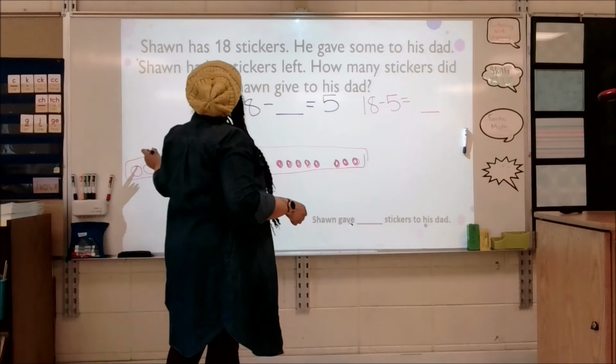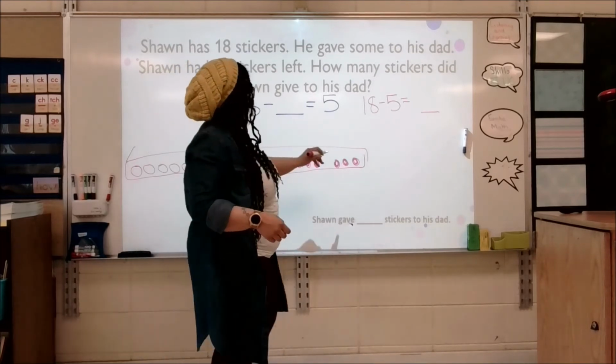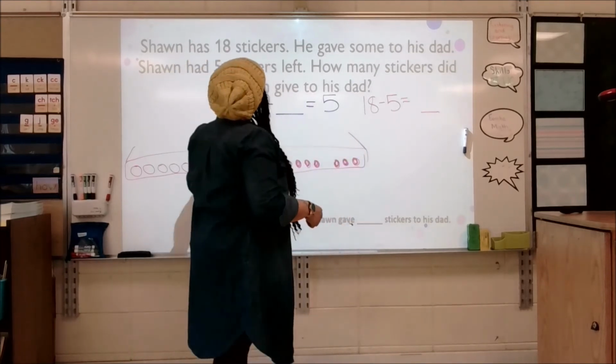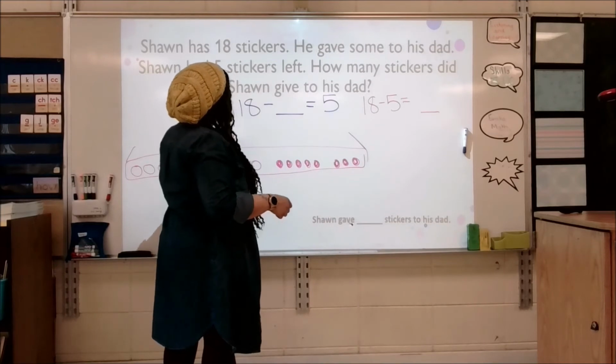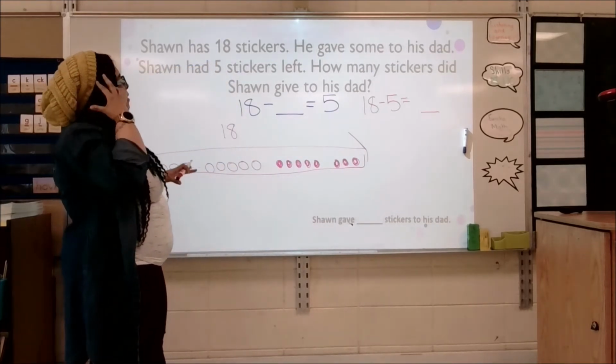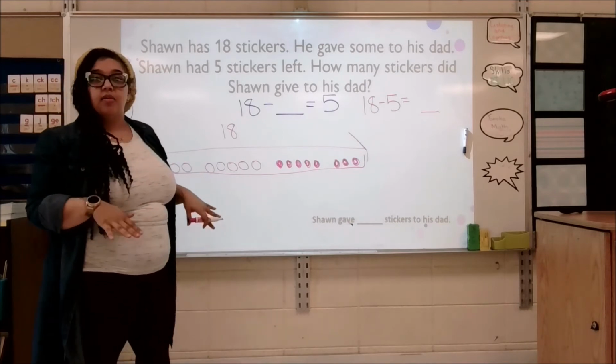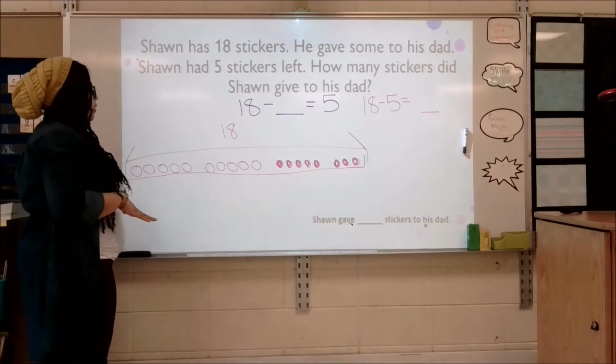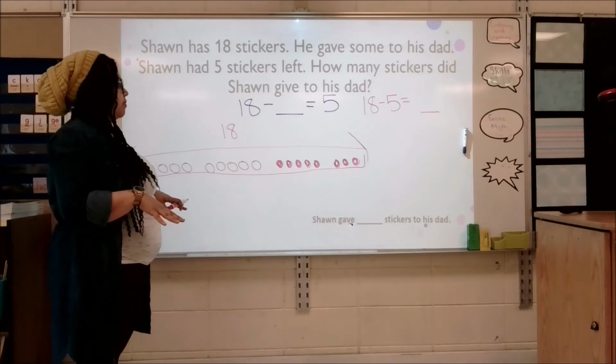18 is our whole. 18 is the original number of stickers that Sean has. We know he had 5 left after giving some to his dad.